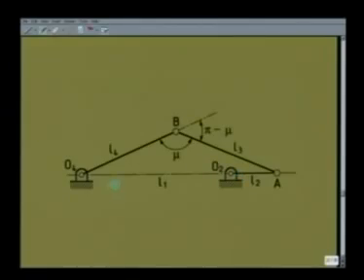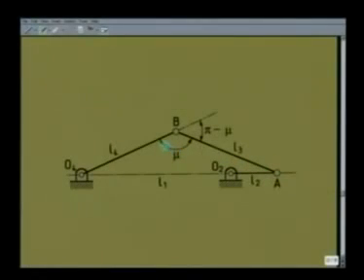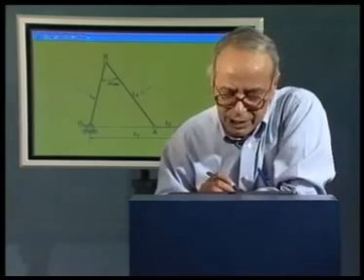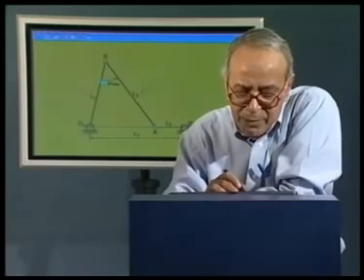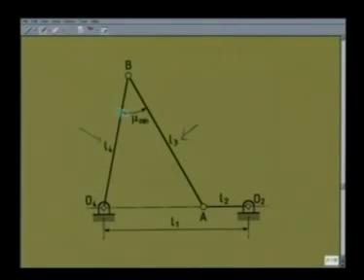So there are two situations: either O2A is in this direction when this angle between the coupler and the follower is more than 90 degree and the transmission angle is pi minus mu. The other situation is when O2A is again along the line of frame and the coupler and the follower makes an acute angle, and that itself is the minimum transmission angle mu min.